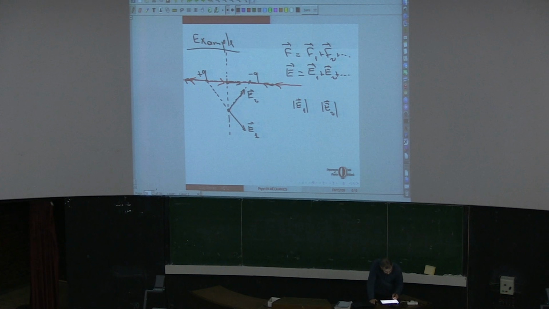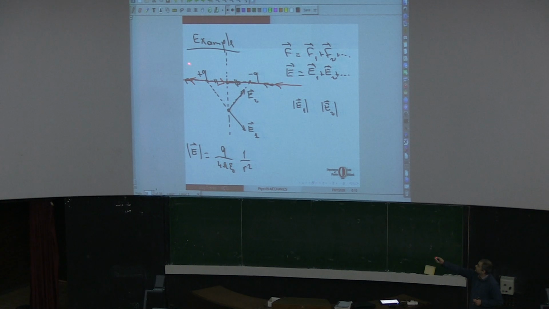Well, let's see. What we know is the electric field magnitude of a point charge is Q over 4 pi epsilon 0, times 1 over r squared. Now, by the way, I forgot to mention it, this line is the midpoint between the positive charge and the negative charge. So this distance is equal to this distance. The distance from the positive charge and the distance from the negative charge are equal.